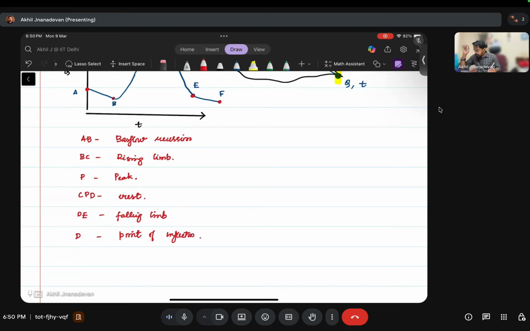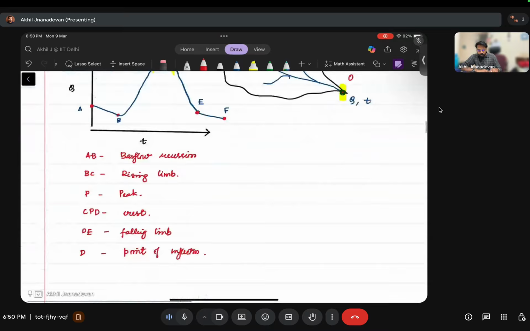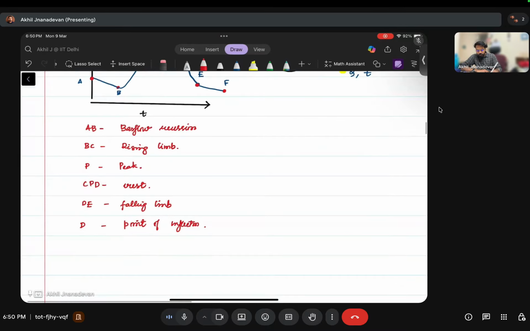So it is the starting point of the recession limb. So D is called the point of inflection, or the starting point of the recession limb or falling limb.